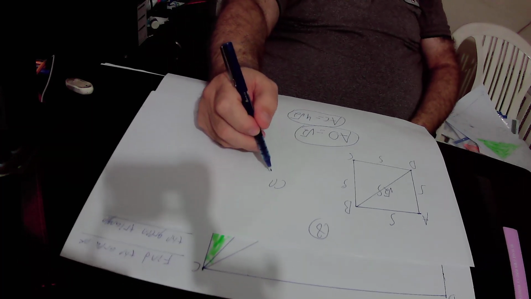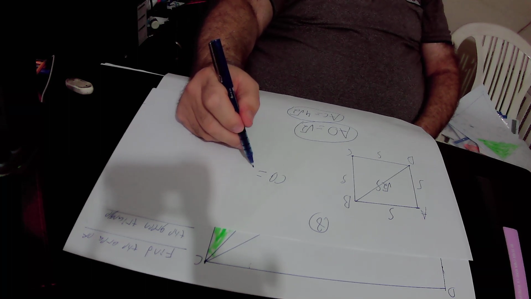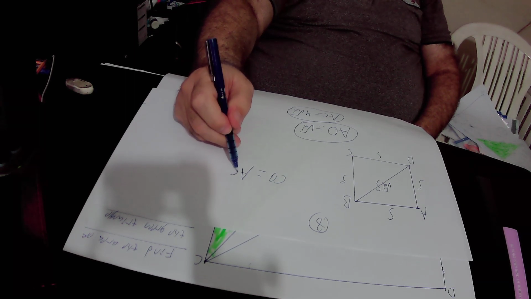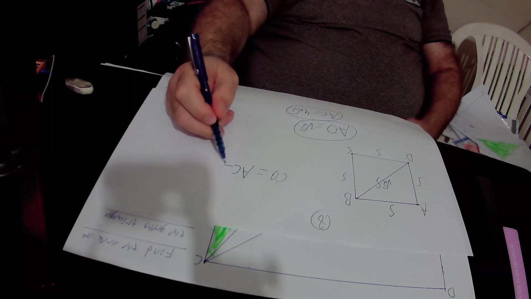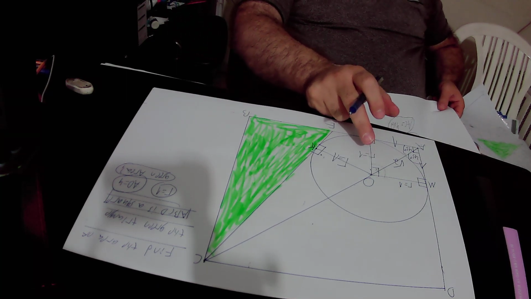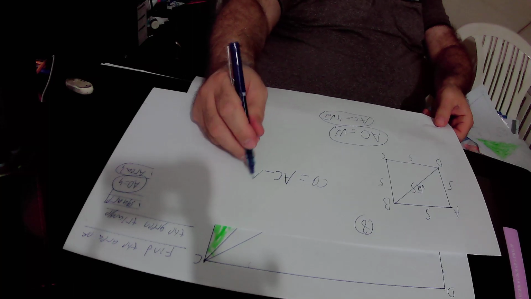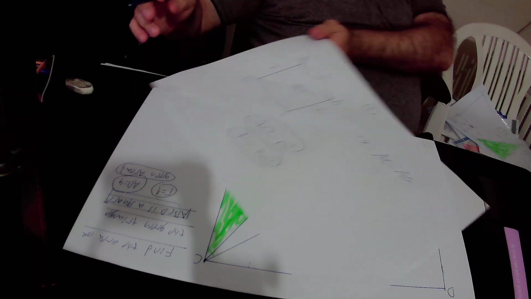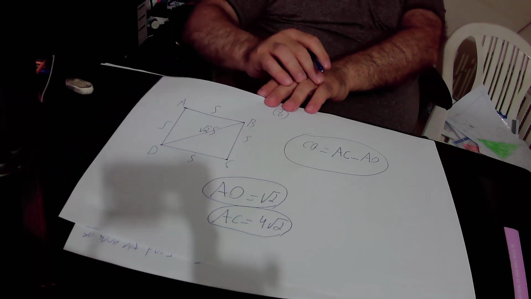CO equals the length of the diagonal of ABCD, that is AC, minus the length of the diagonal of the small square, AO. Okay, CO equals AC minus AO.